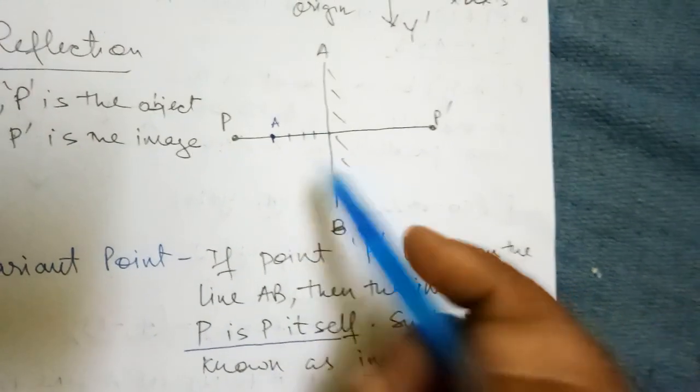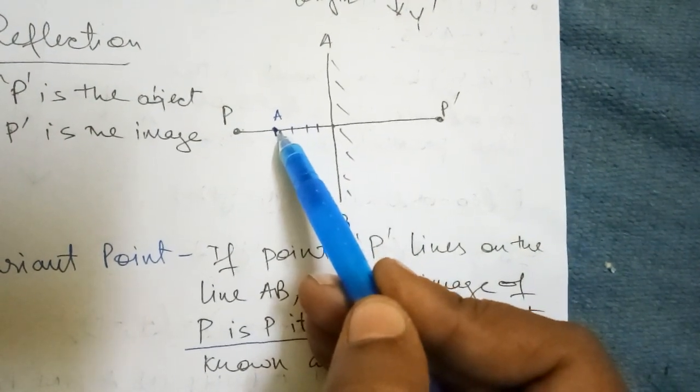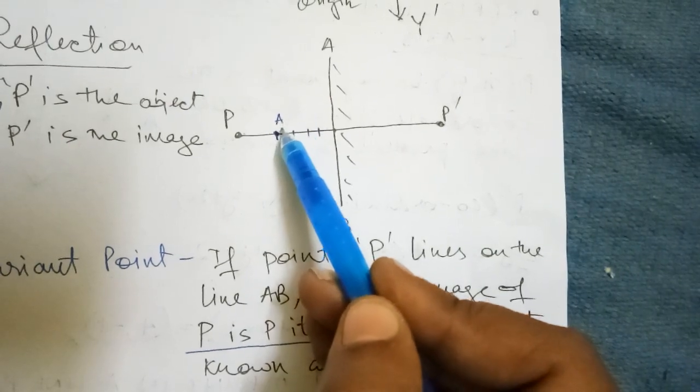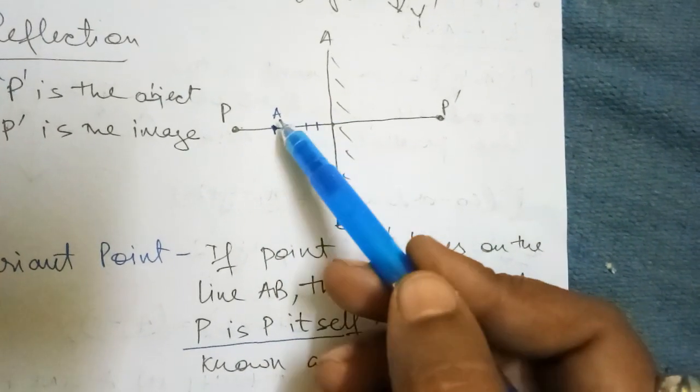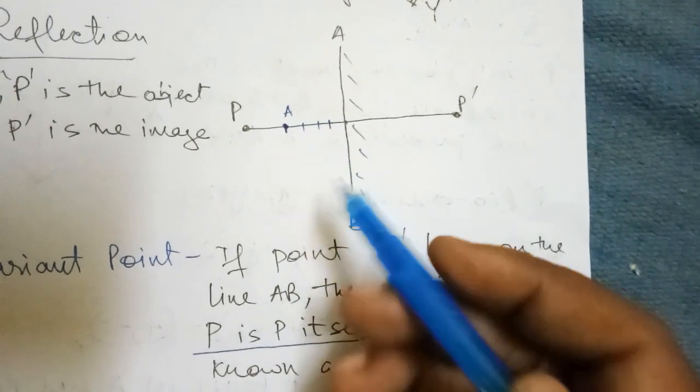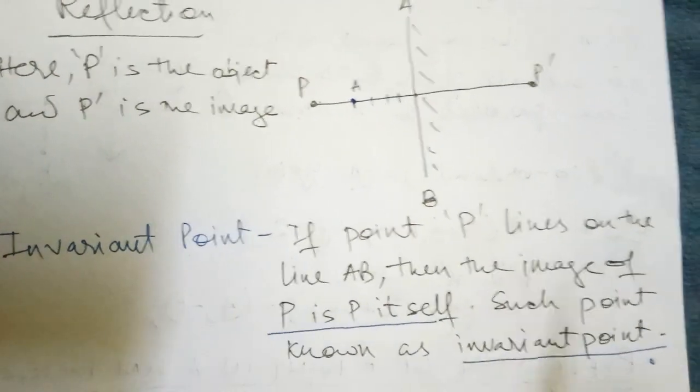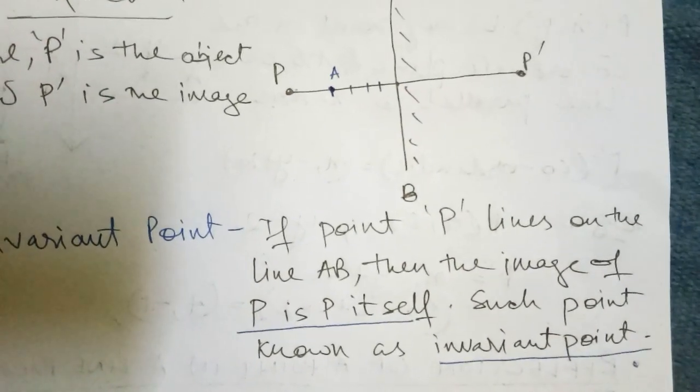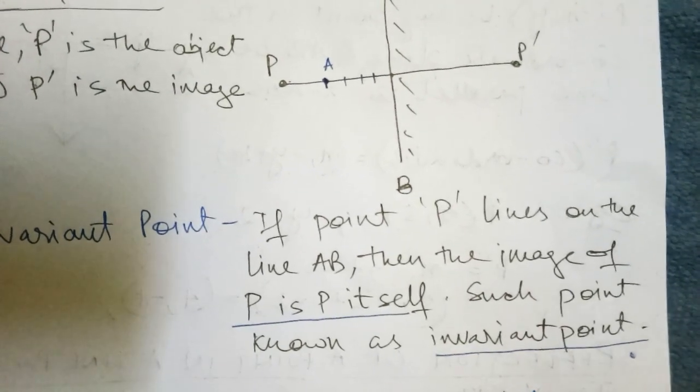That means the image of A will be A itself. That means the value given for A, the image will also be the same value of A. This is called an invariant point. These things will become clearer when you start doing the exercises.